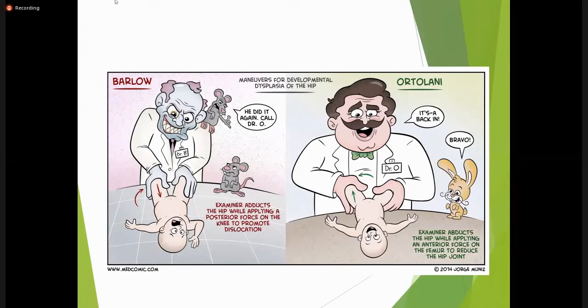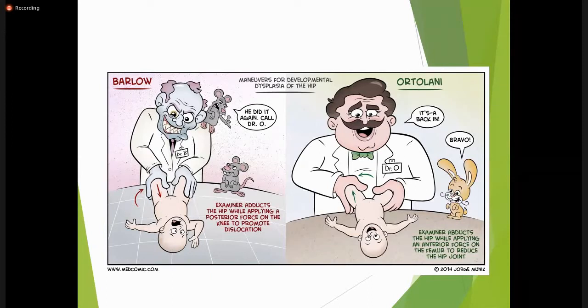So Barlow's maneuver actually dislocates the dislocatable hip joint. But if there is no dysplasia, then you will not feel any click, and there is no dislocation. Now, Ortolani is the opposite of Barlow. In Barlow, we are adducting the hips. In Ortolani, we abduct the hips.